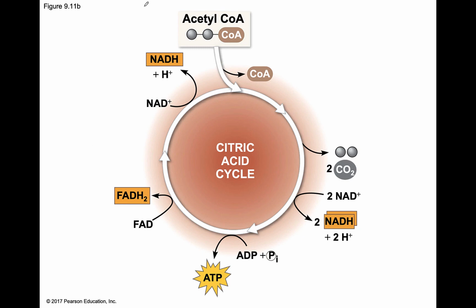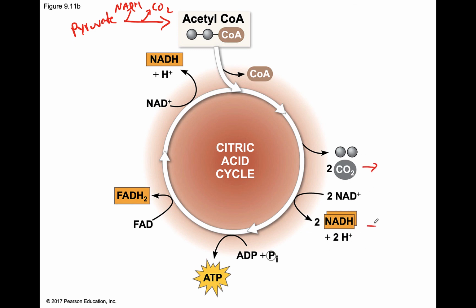So here's a quick summary. To begin, remember we had pyruvate, which we're going to turn into acetyl-CoA. When we do that, we make an NADH and a CO2. The acetyl-CoA is then going to enter the citric acid cycle. In the very beginning, it loses 2 carbon dioxides.